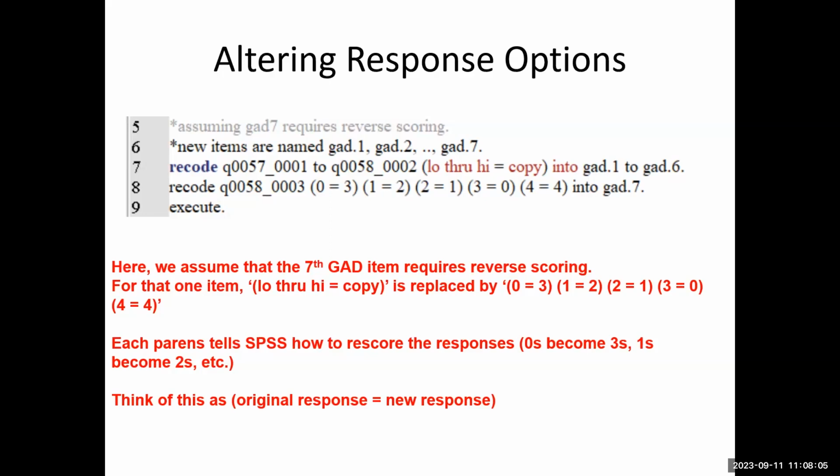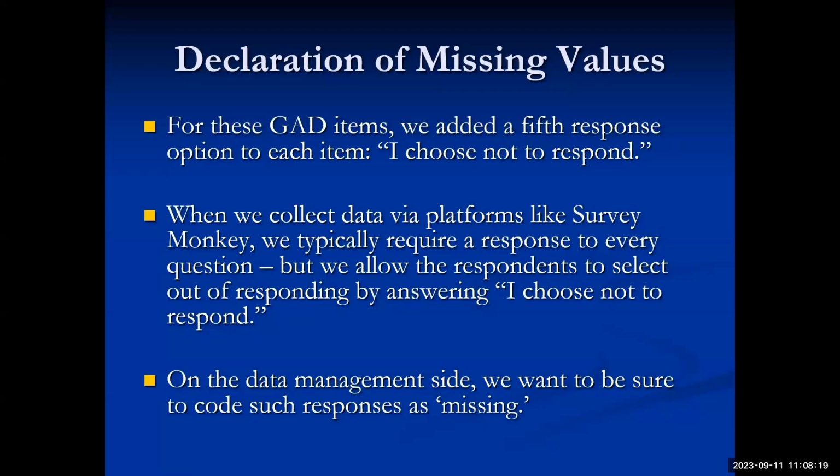So just be mindful of that as you're working with your database to flag all of the items you think need to be reverse scored, and then go ahead and use a procedure to perform that operation.